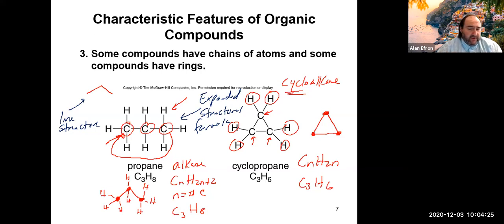And another very common way that we can represent these formulas, and I think we might have a slide coming up on it, is, for example, if we wanted to represent this one, we could write CH3, CH2, CH3. This is what is referred to as condensed formula.